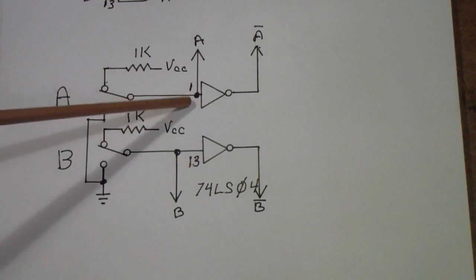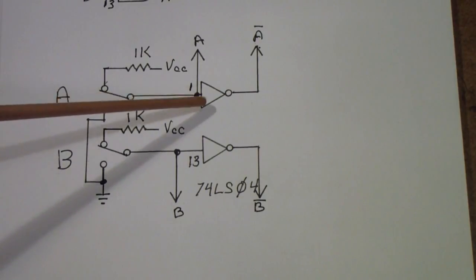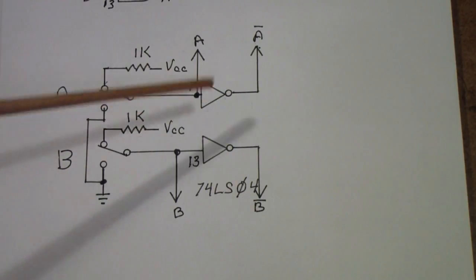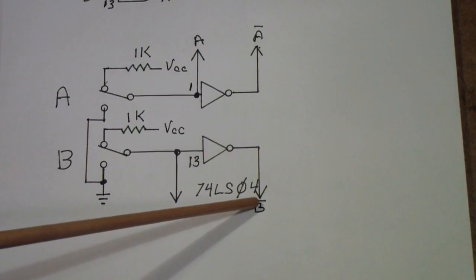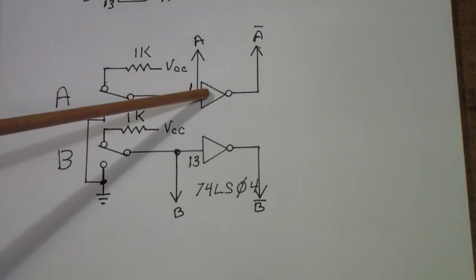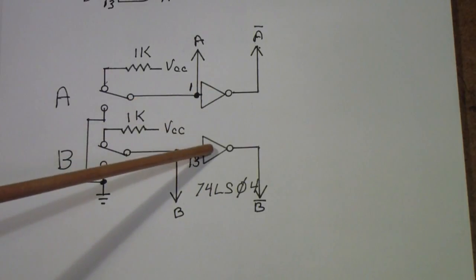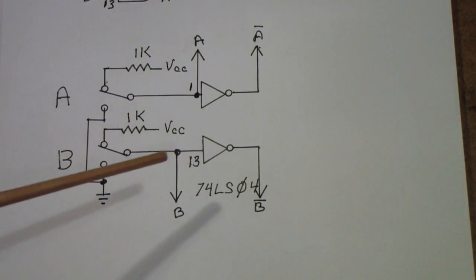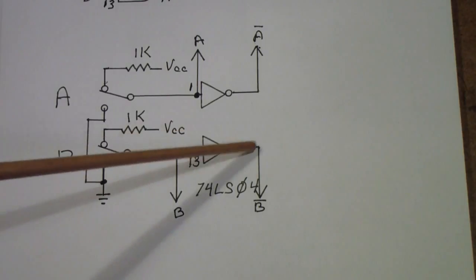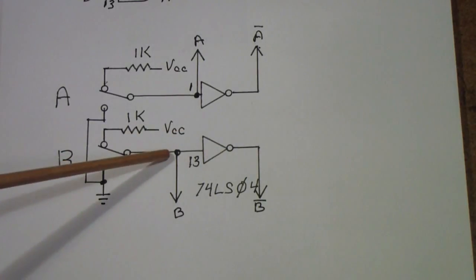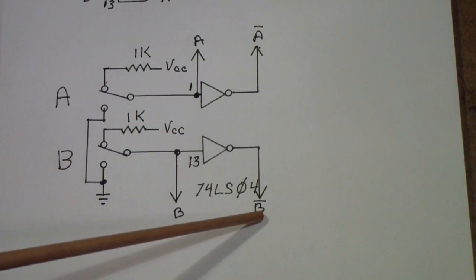Then I have applied those signals to inverter gates. These are 74 LS04s. There are more than two in a package, but this is part of a package. And all they do is invert the signal. So if B is true, B bar is false.